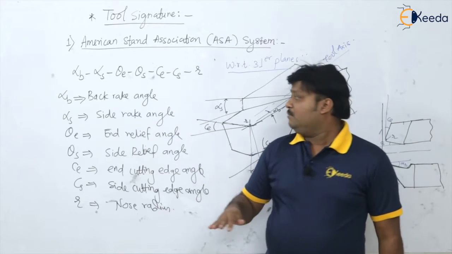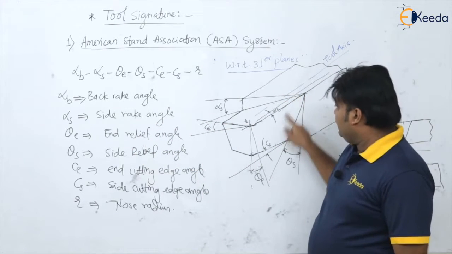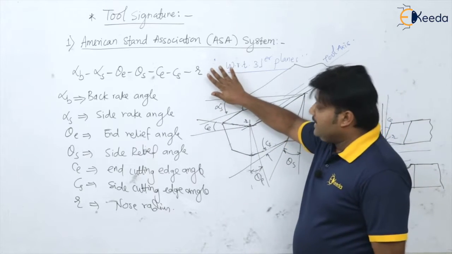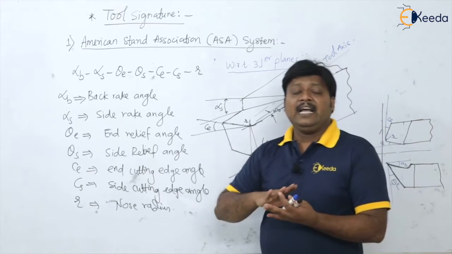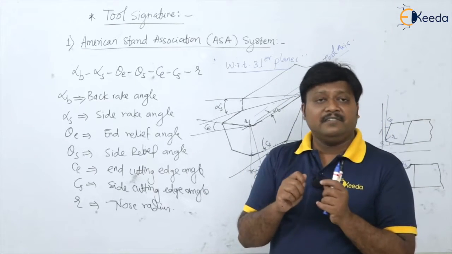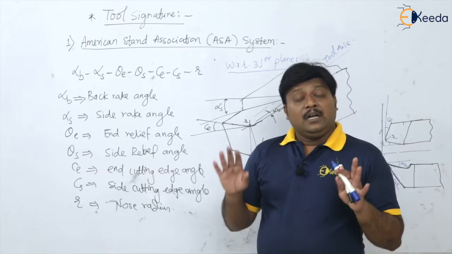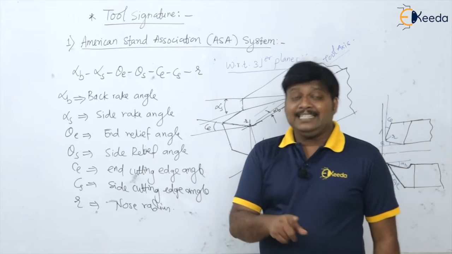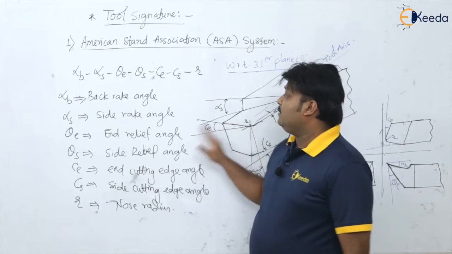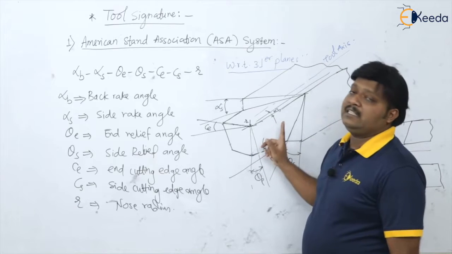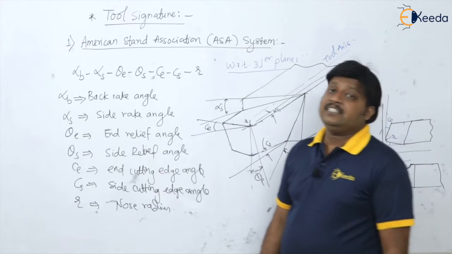But when you are measuring these various angles with respect to this major cutting edge, indication, measuring and remembering is very difficult, because you have to draw the isometric view of the tool. But analysis-wise, when you are measuring the angles with respect to the major cutting edge, analysis is easier.